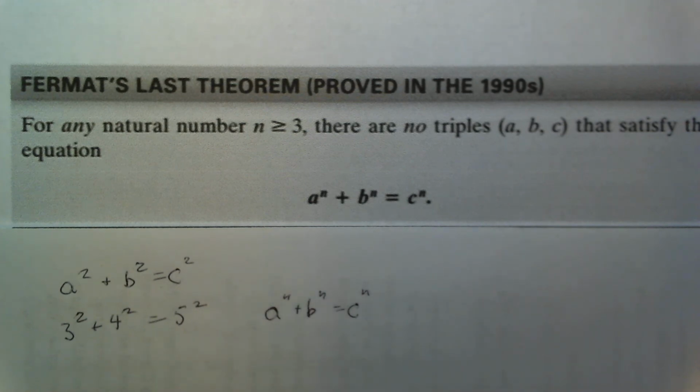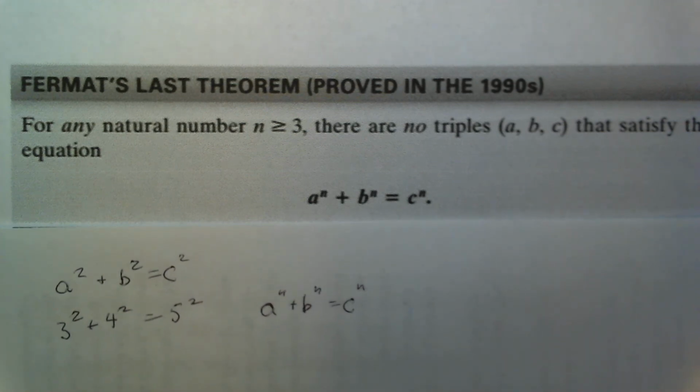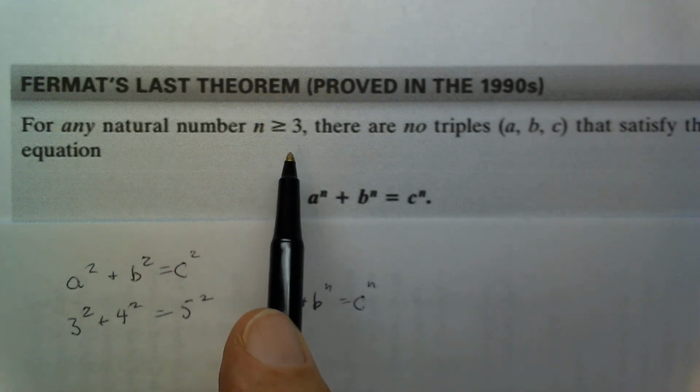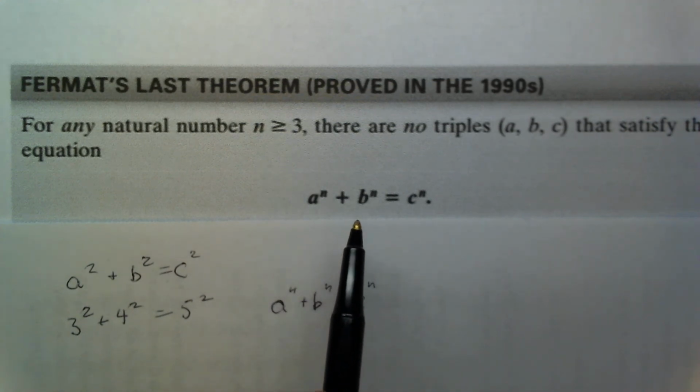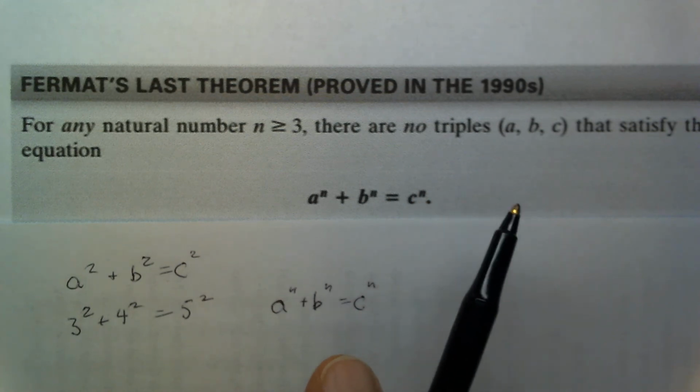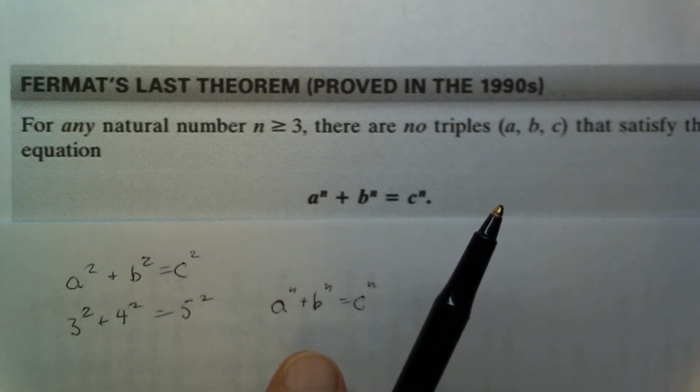So initially he thought there were not infinitely many, but it turns out there are none even for n equal to 3 or greater. But that's a theorem which was finally proved in the 1990s. So it took quite a few years to do that.